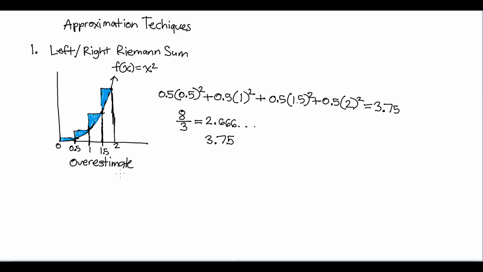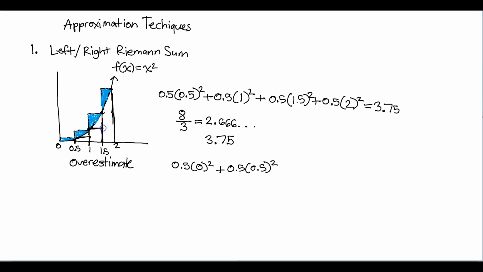If we evaluate the left Riemann sum, well, our first one will be 0.5 times 0 squared, which is 0, plus, let's draw this rectangle, 0.5 times 0.5 squared.